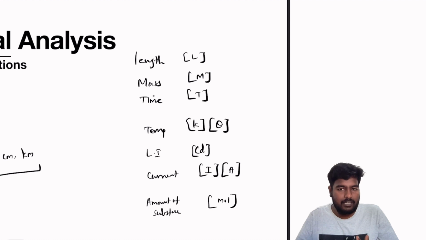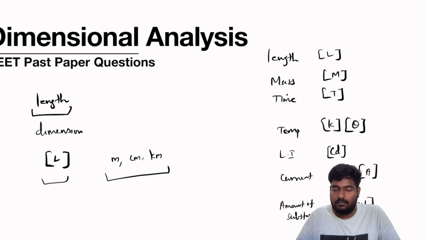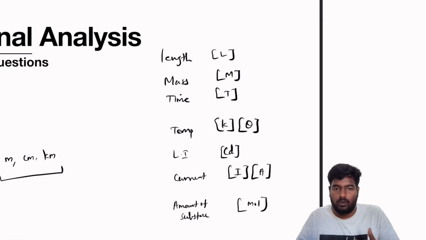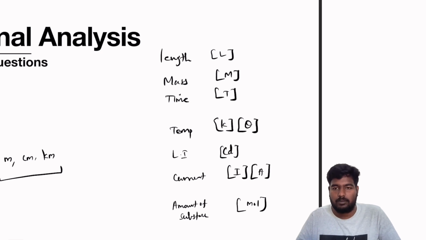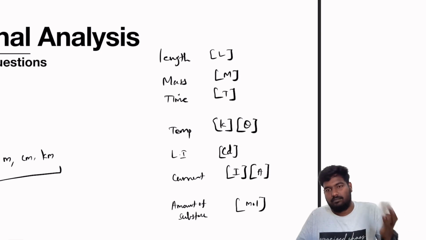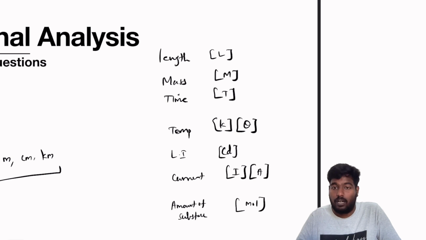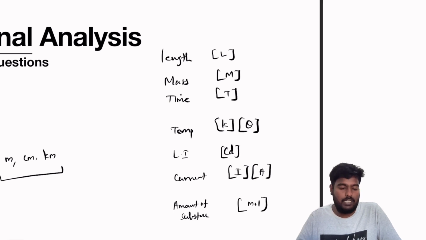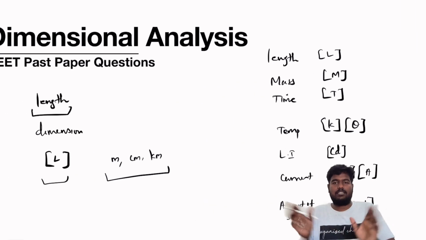You can expect them in questions, but so far not many questions have been asked in past papers using luminous intensity and amount of substance. But others have been. So it will be okay to get to know them, but you have to concentrate more on the others. So that's dimensions.